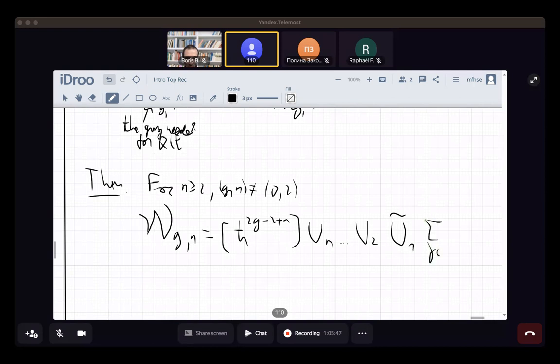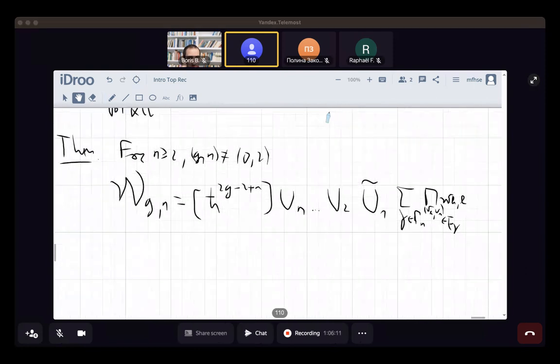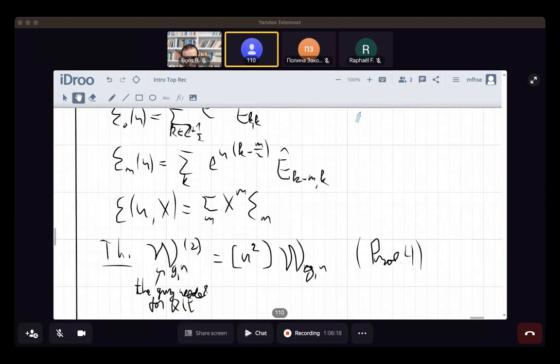Gamma, product of WKL again, VK VL. So basically precisely the same formula as the one we had for ordinary W's, except that one of the operators, u for the first variable, is different, because for the first variable we plug in this e.